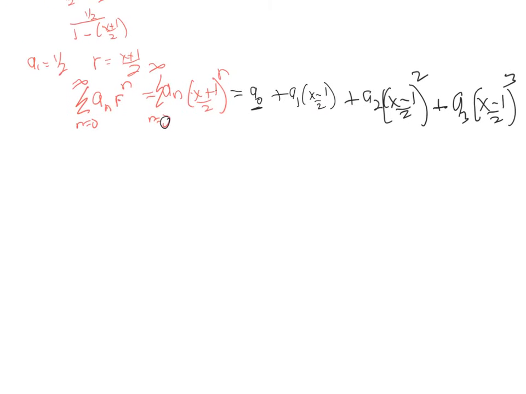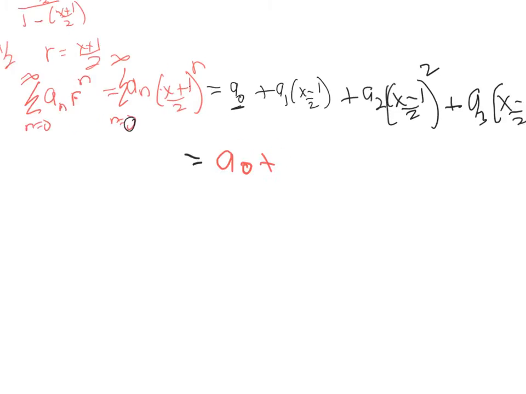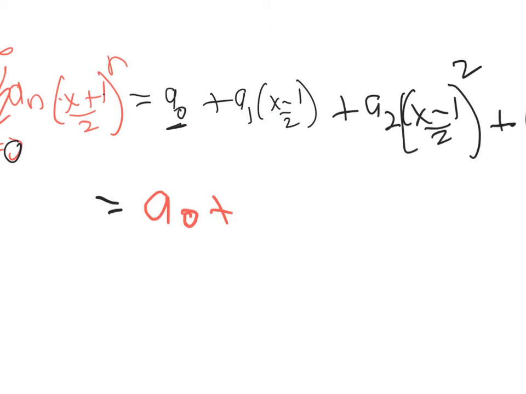So let's see what it looks like. It's more simplified. A sub 0 plus, I could pull out that half if you wanted to.